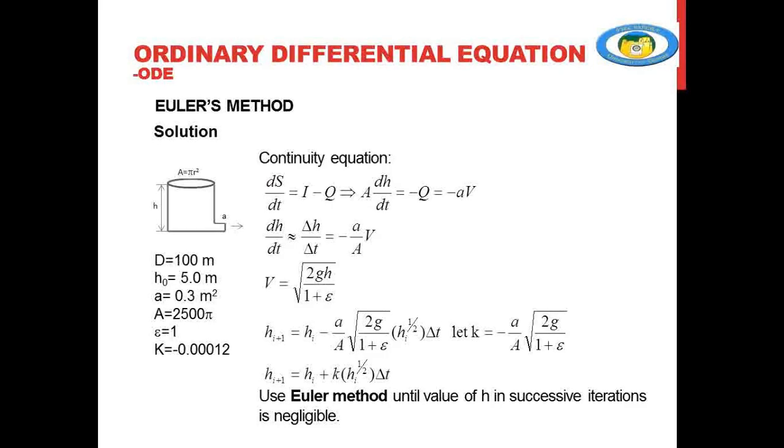And using that representation for the velocity at the outlet of the nozzle, negative small a over capital A times radical of 2g over 1 plus epsilon by k. So essentially, dh per dt is equal to k times square root of h.